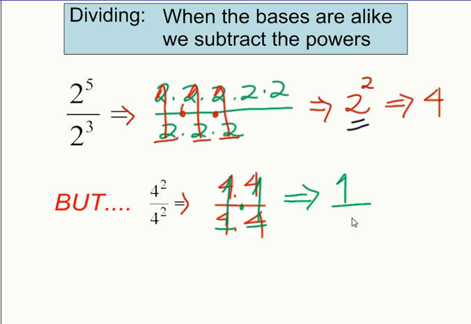And if we think about this, what was this in terms of keeping the base the same, which is 4, and this would be 2 minus 2. Well, what is 2 minus 2? 0. So we can see that any number to the 0 power equals 1. So this is kind of how we prove why anything to the 0 power equals 1.